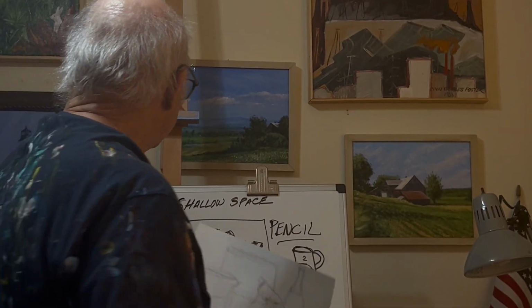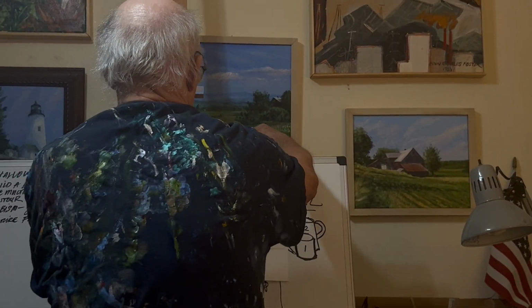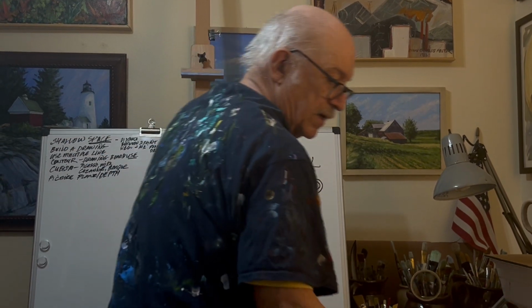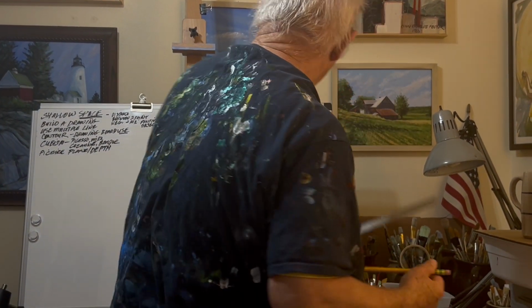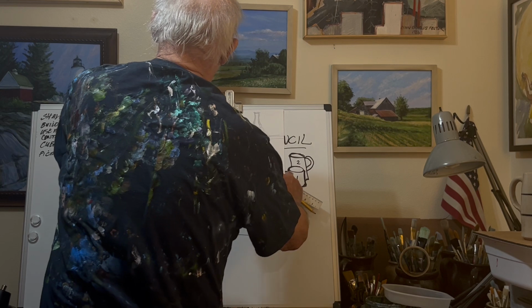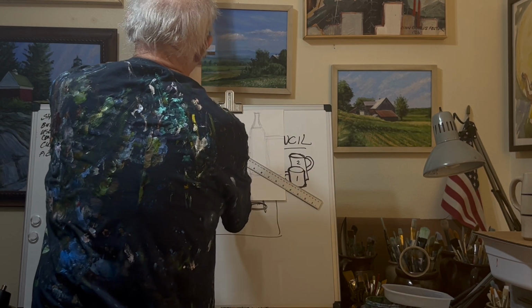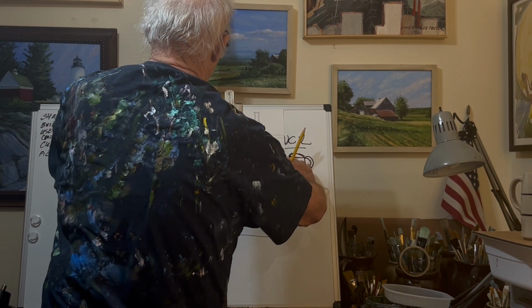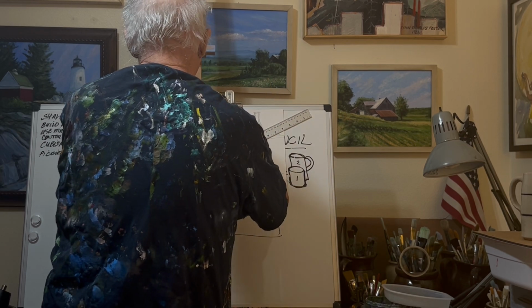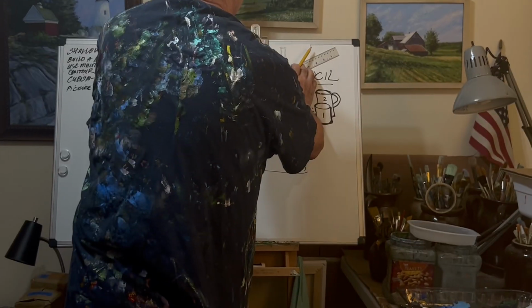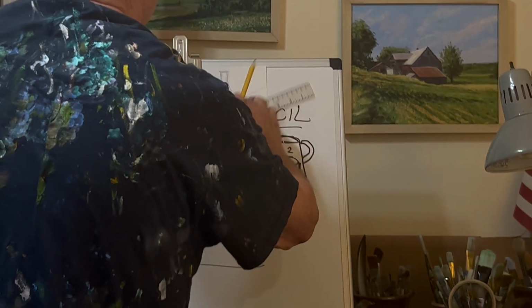Then I want to take that drawing and just take a pencil and randomly make some lines through it. It's slippery on the board here. Try to hold it steady.